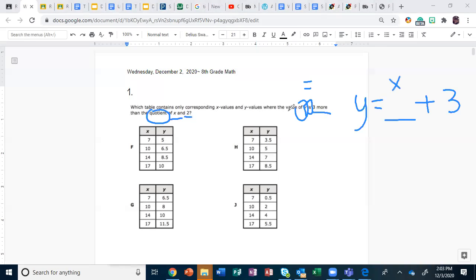So we're going to do x divided by 2 right there. So remember, this means division. Make sure you're writing this down on your paper for the people that are here. That way you remember, every time you see the word quotient, that means division. If you see the word product, that means multiplication.